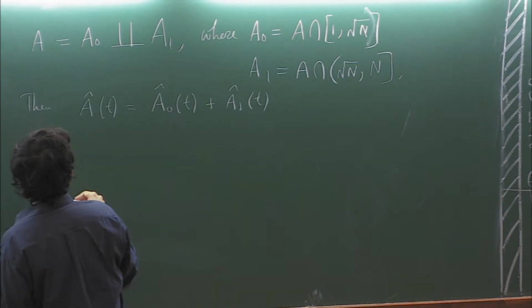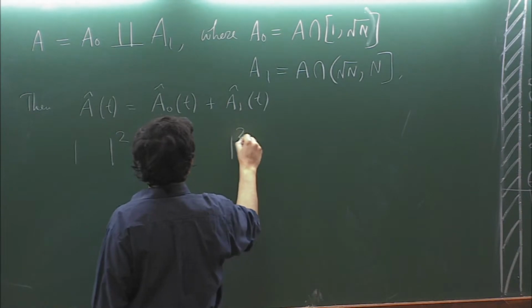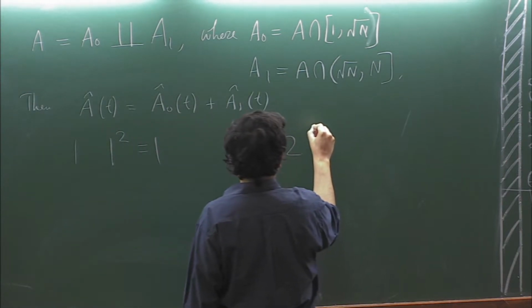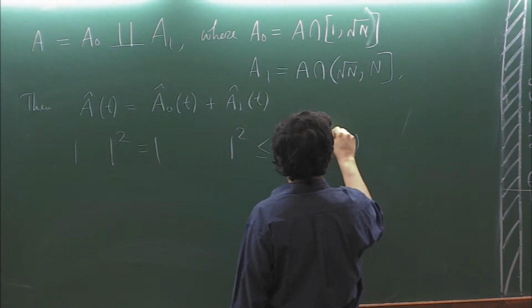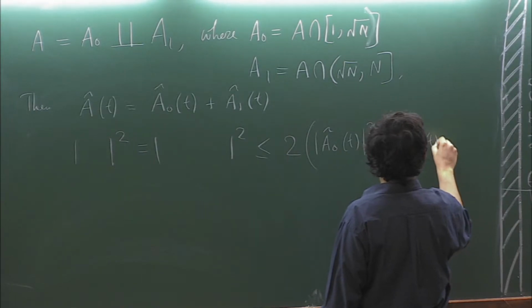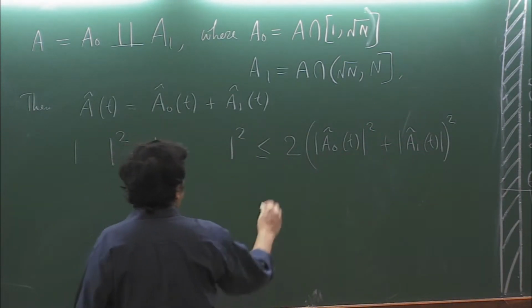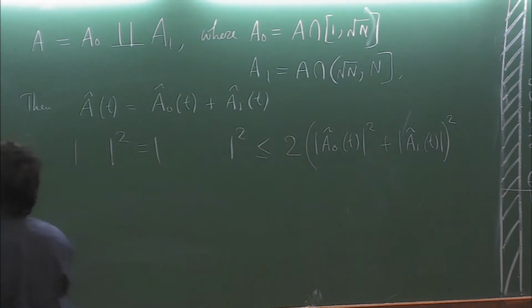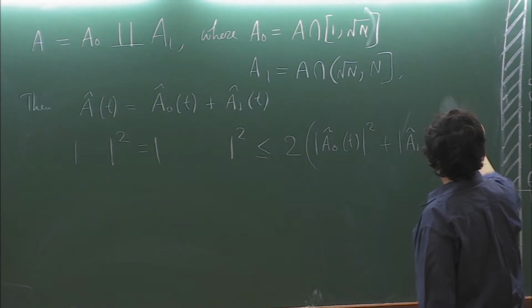And therefore, if you square it, that is less than or equal to twice A naught hat of t squared plus A1 hat of t squared.